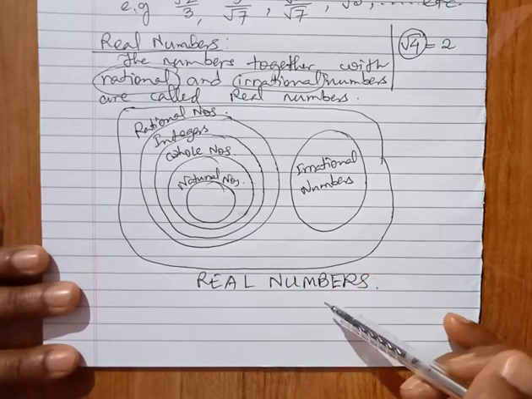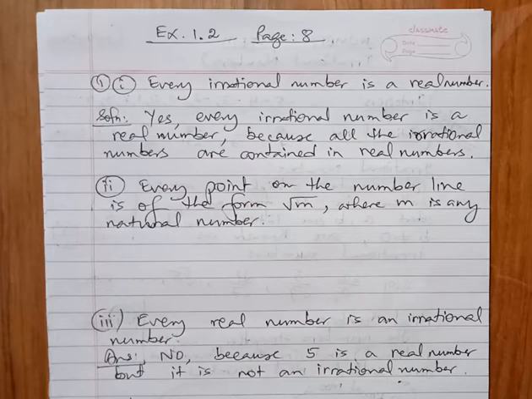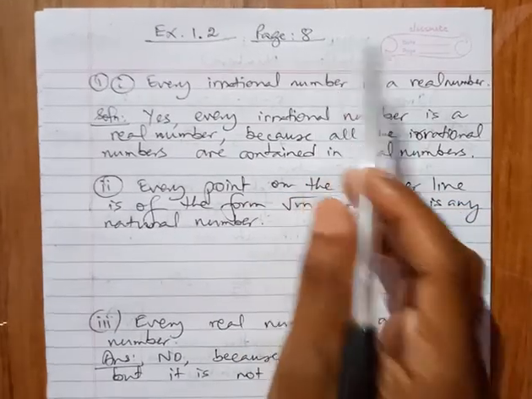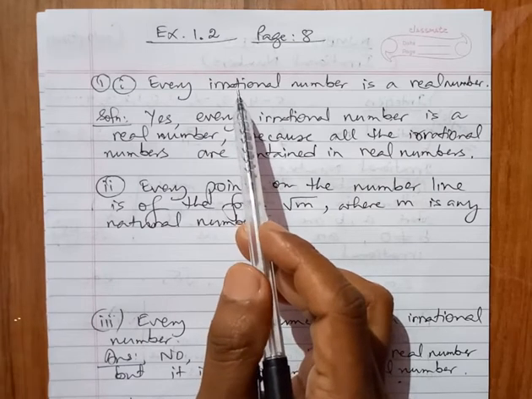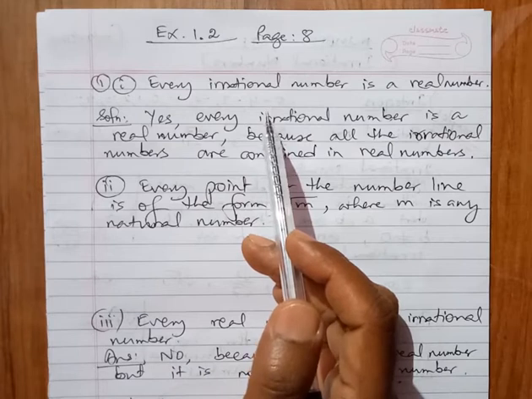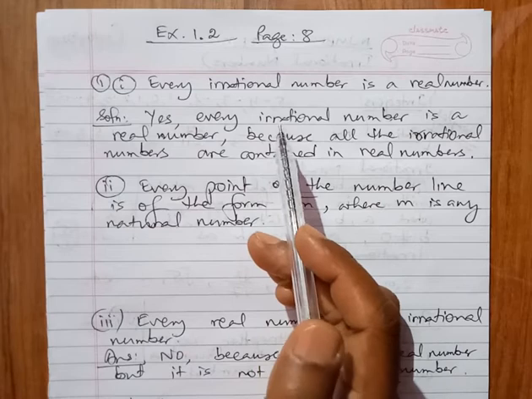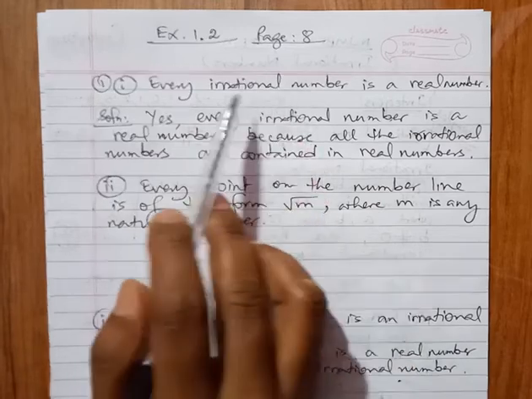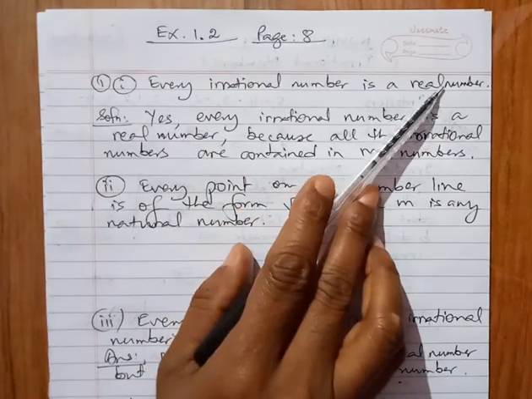Okay, fine. Now take some questions from your exercise. Your exercise 1.2, page number 8, textbook. In question number 1 you have to verify three statements that are given. You have to verify whether they are true or false, and you have to justify your answer also. So number 1, it is given that every irrational number is a real number.